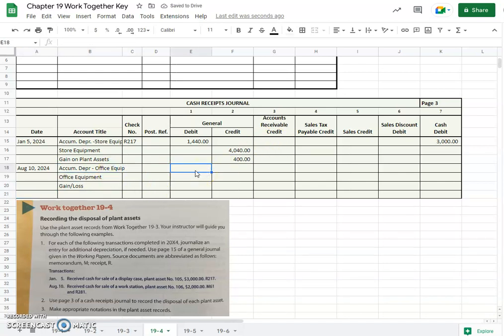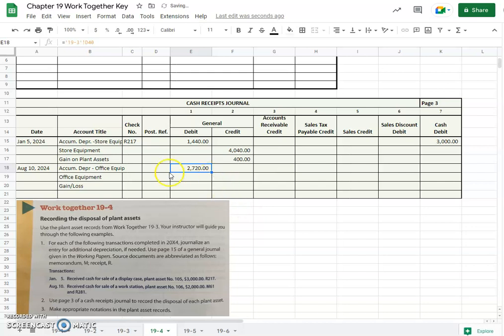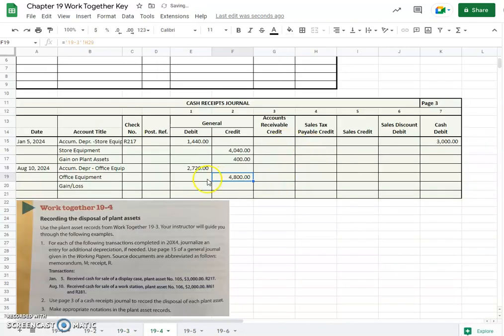The first thing we know is our accumulated depreciation. That number is back here on our last tab, accumulated depreciation on our second asset. Here it is, the workstation should be $2,720. The office equipment, we've got to zero that out, would be our purchase price on that, $4,800.